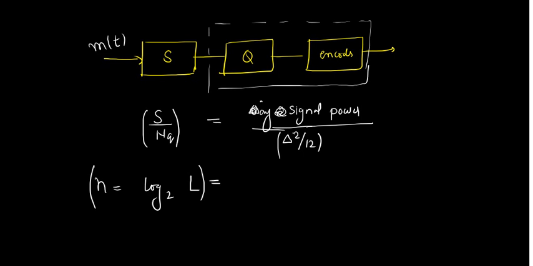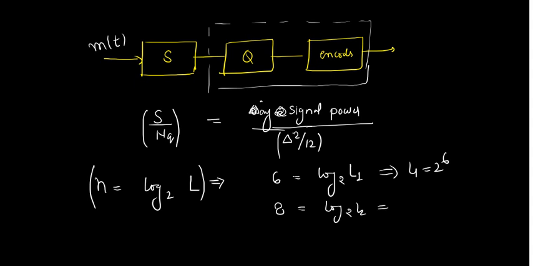In the first scenario, wherein we used 6 bits to represent our signal, the number of levels was 2 to the power 6, and when our PCM uses 8 bits to represent the same signal, the number of levels would be 2 to the power 8.